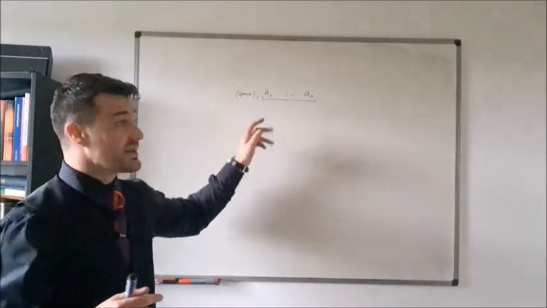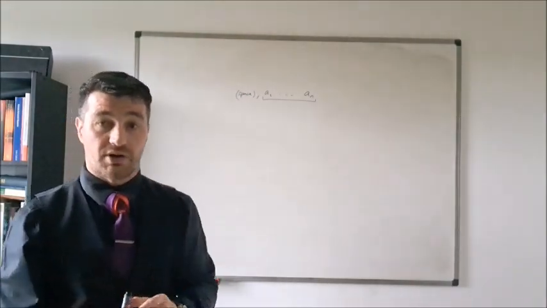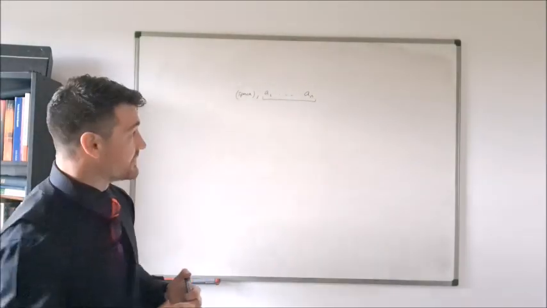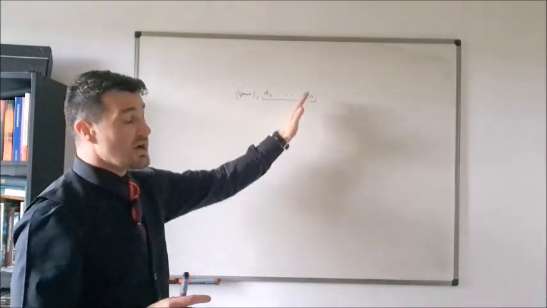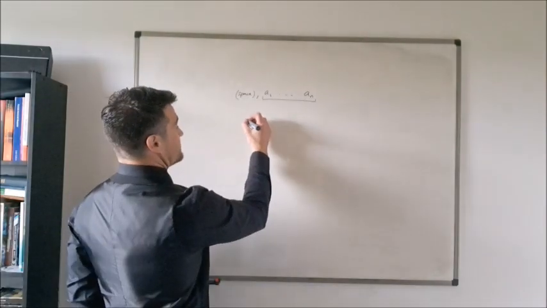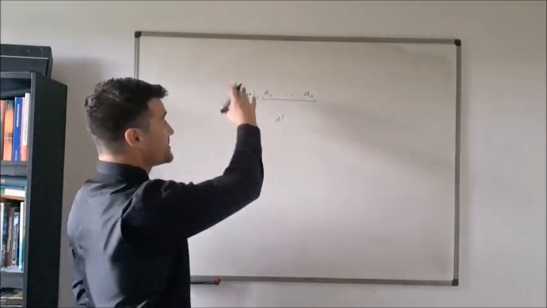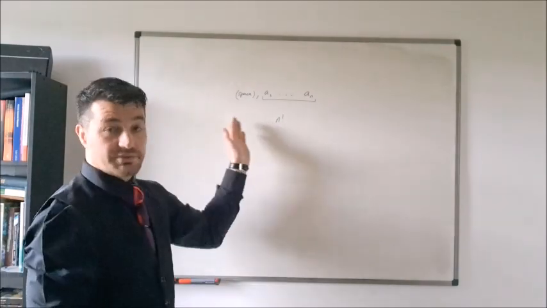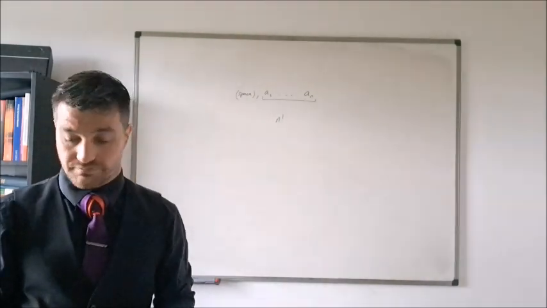However you want to think of it, you can think about it as a special kind of ball. It doesn't really make any difference. But now we're just looking at the permutations of these n items. Well, that's n factorial, right? So the number of ways that I can permute these objects is n factorial.